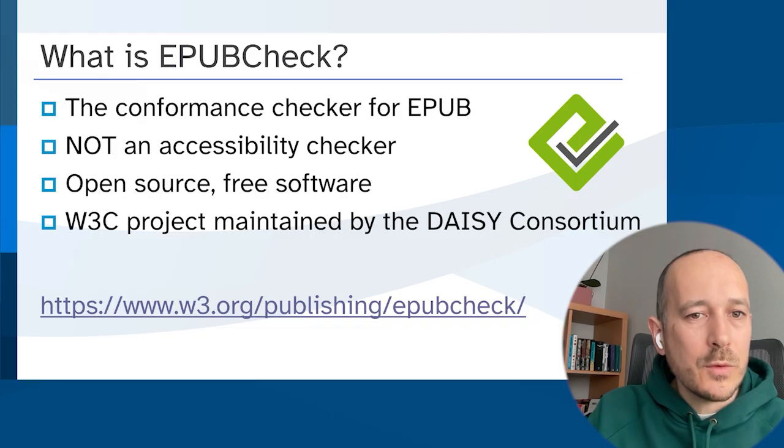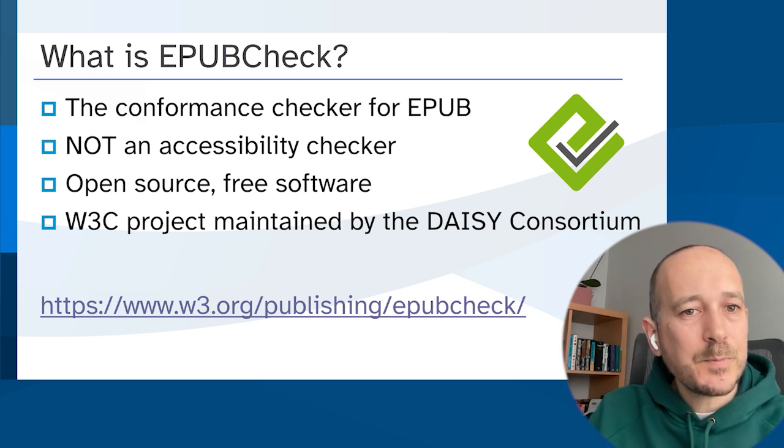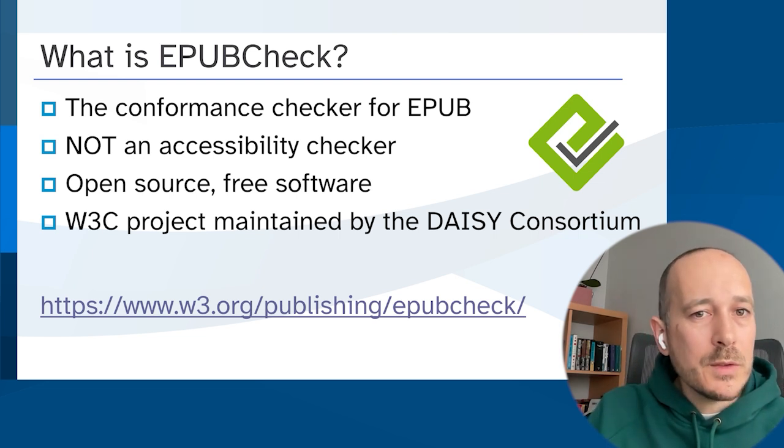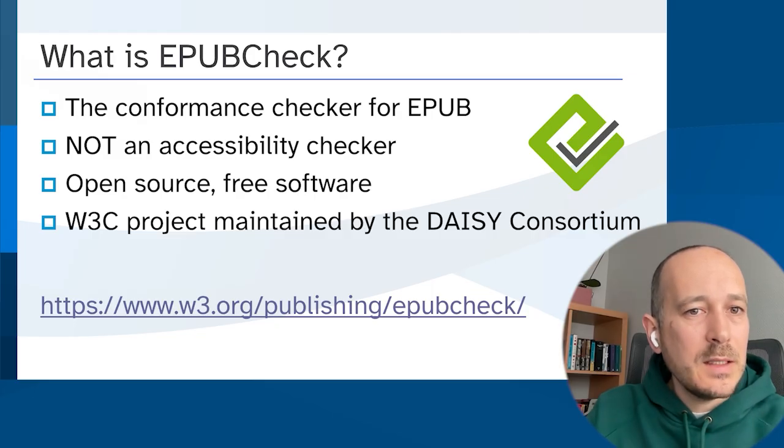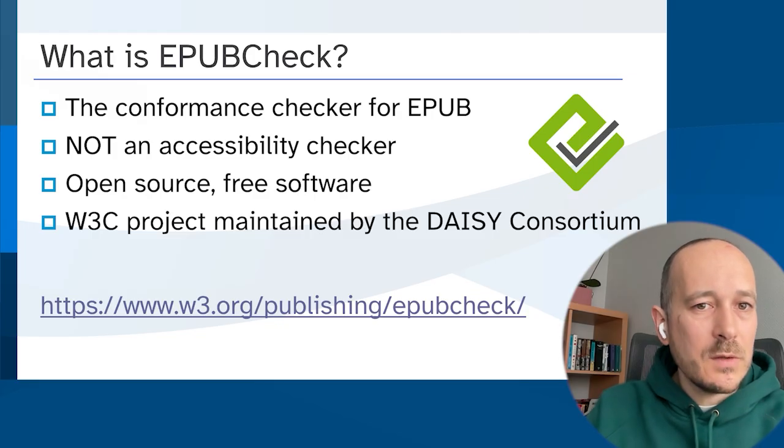It is a foundational ground for a good reading experience and good interoperability across reading systems and assistive technologies. EPUB Check is open source software available at no cost. It is maintained by the DAISY Consortium on behalf of W3C, where the EPUB specifications are made.